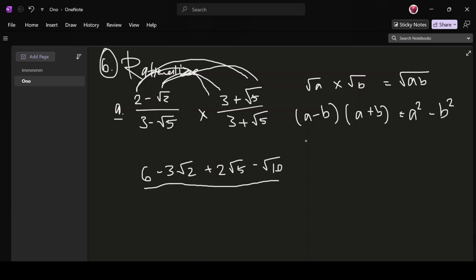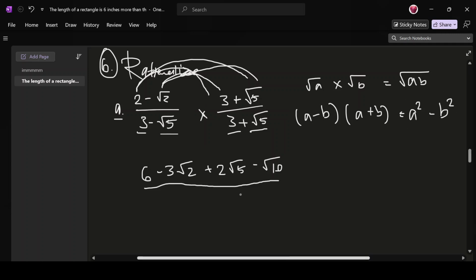We can see that these two forms are both exactly the same. Look at this, a minus b times a plus b. So we can just rewrite this in the form of a squared minus b squared.